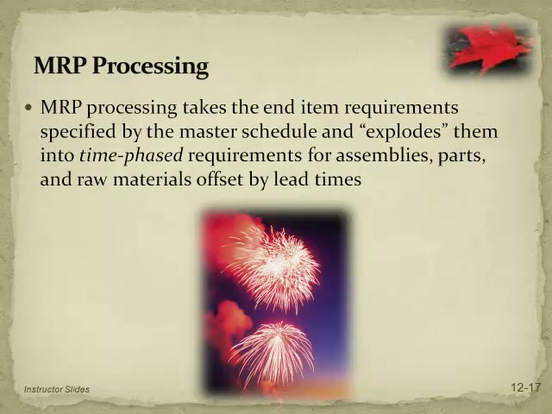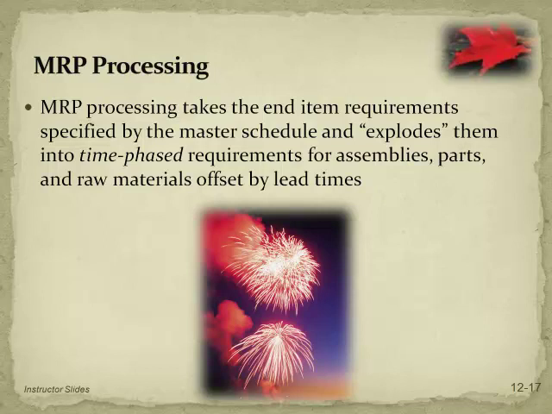So the MRP processing is going to take the inputs that we referred to earlier, the master schedule, the bill of material, the inventory information, and it's going to process all of that. Sometimes the term explode is used. Now, we're not referring to the literal explosion definition here.